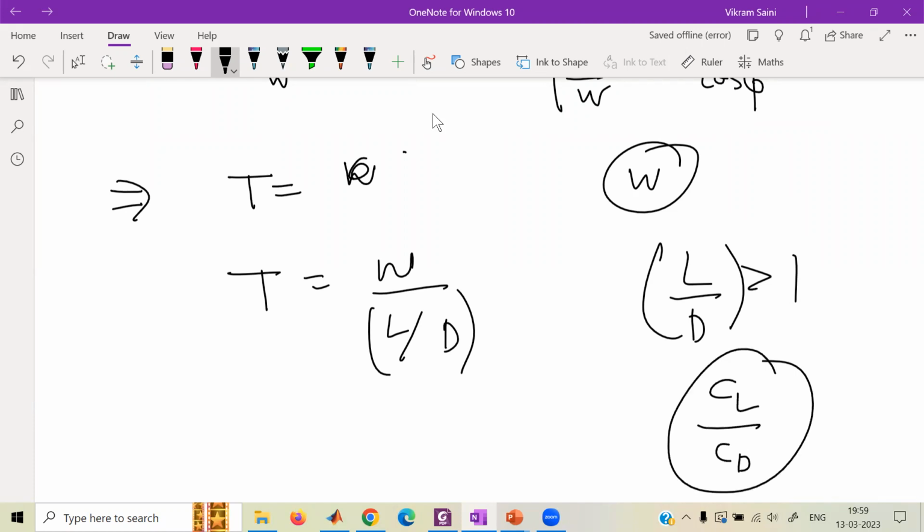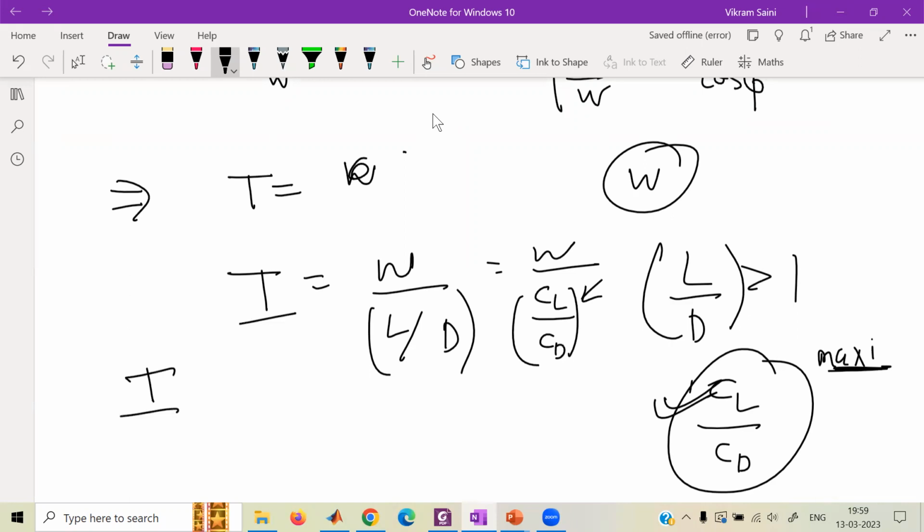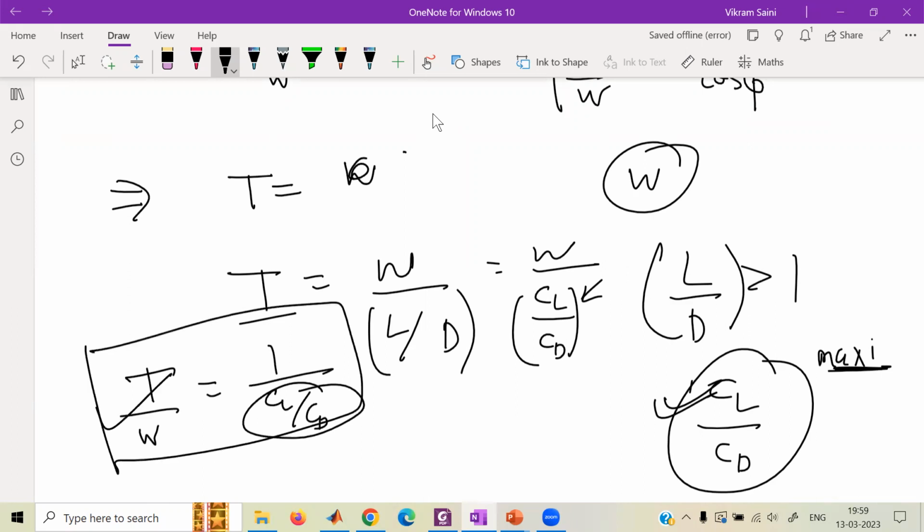CL over CD, this ratio. You have talked about it at length. So you know this ratio, right? So for typical airplanes, you have a feeling about this number now. And now you see that T over W will be 1 over CL over CD, and that number you already know is greater than 1. So T over W is less than 1. That's how you answer it.